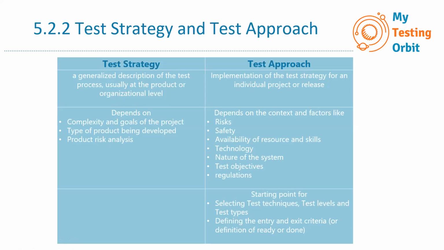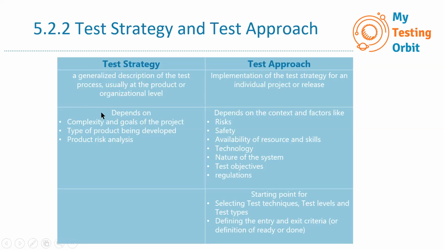If they are using a test strategy for one product, then they should have a test strategy document for each product. On the other hand, the test approach is the implementation of the test strategy for an individual project or a release. Test approach is basically the way we are implementing the test strategy.